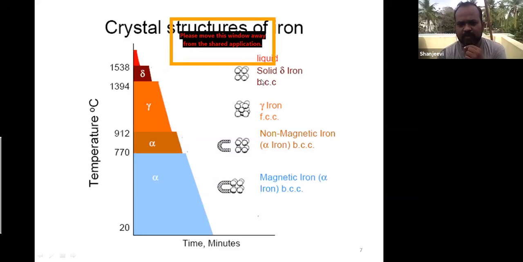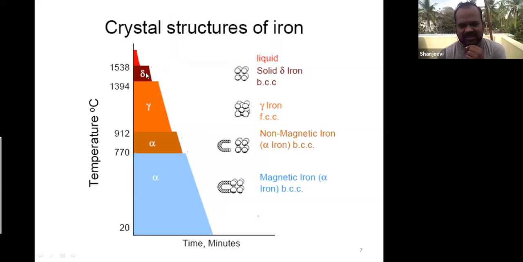This has a body-centered cubic structure. Now, when you are decreasing further, at 1395 degrees Celsius delta ferrite no longer exists, and as it decreases further we can see a completely austenite phase.